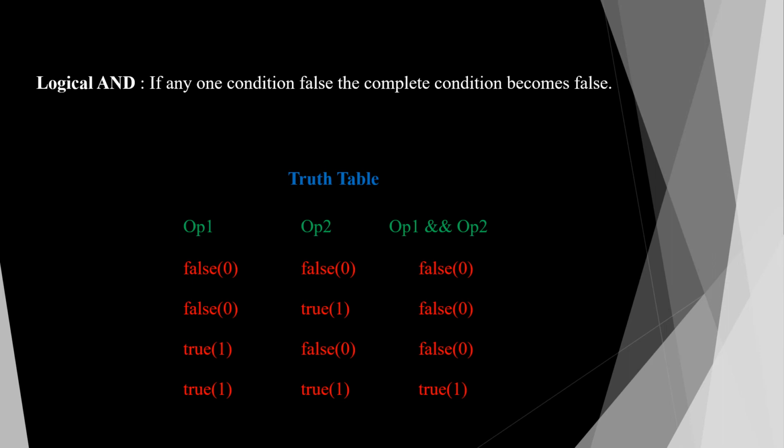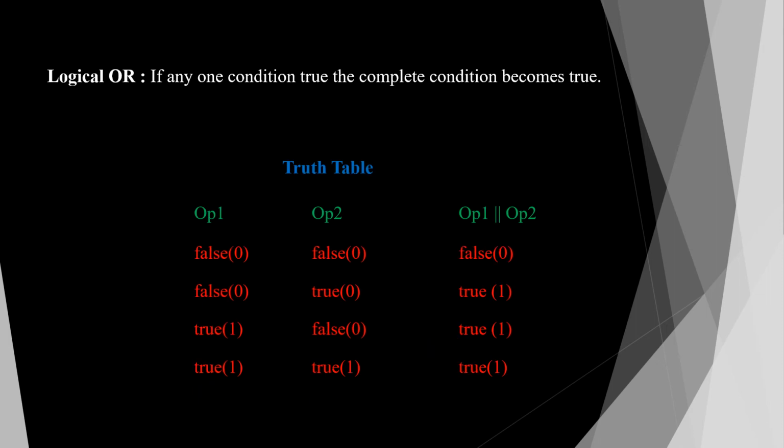Otherwise, the result is false, because the logical AND is logical multiplication. So if any one of the conditions is false, the complete condition becomes false in the logical AND operation. Here is the truth table representing the logical AND operation.